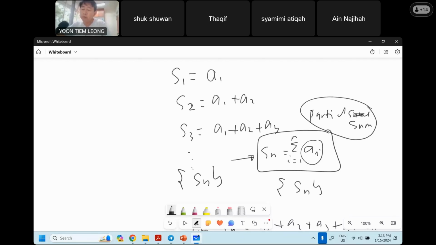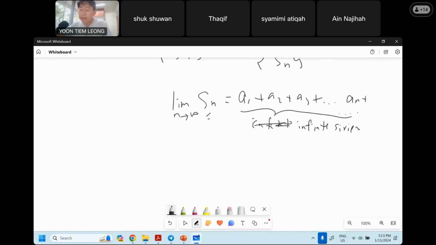For a partial sum which contains infinite terms, the limit of the sequence of the partial sums, written as this, by definition is the sum of all the terms in the sequence. It is called the series, and usually we represent it by S. So that is how you define the sequence of partial sums and the series.